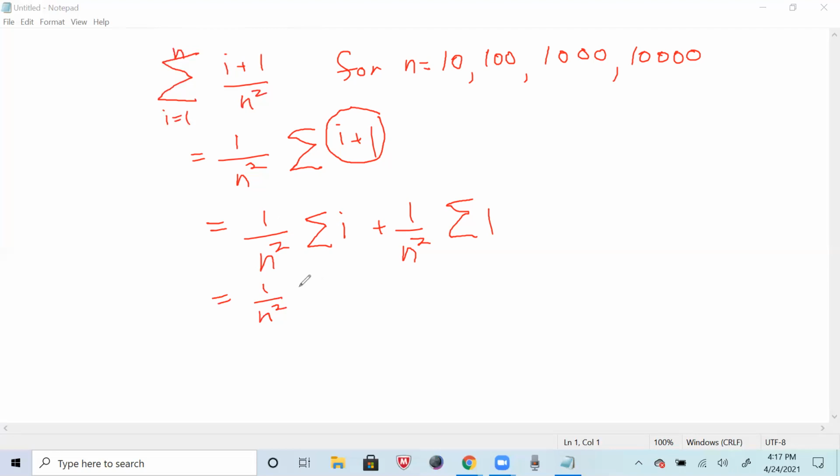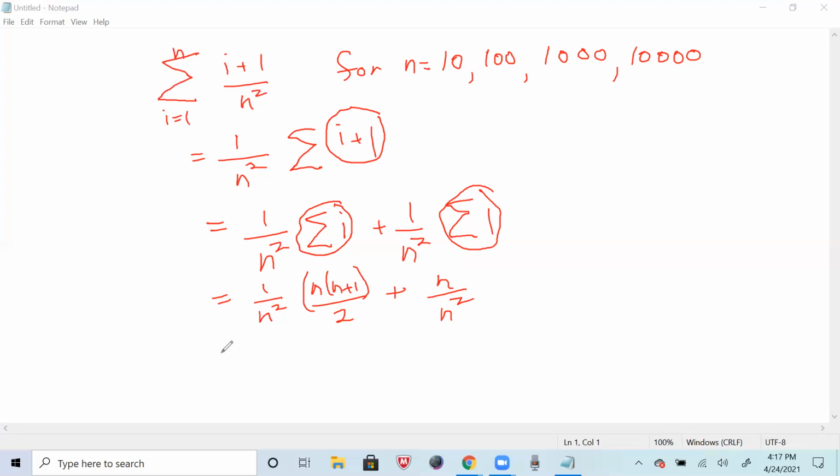So this becomes n times n plus 1 all over 2. That's what that is equal to. And this is equal to just n. So n over n squared. You with me? Yeah, yeah.